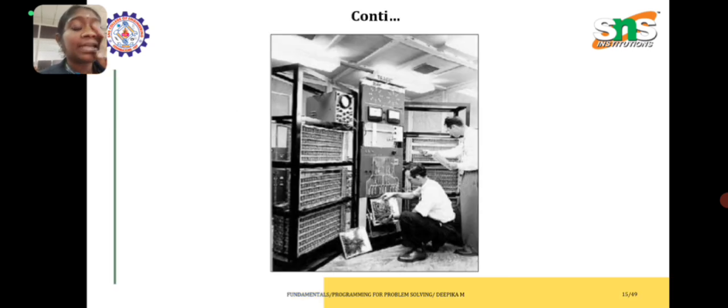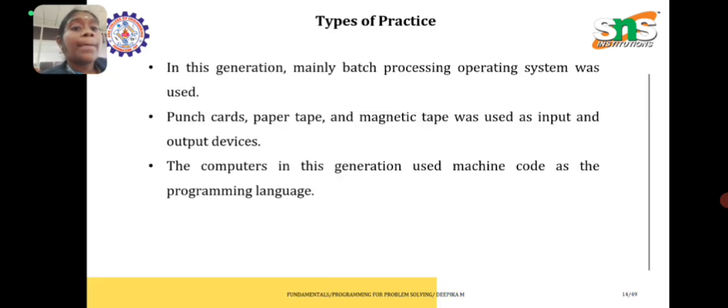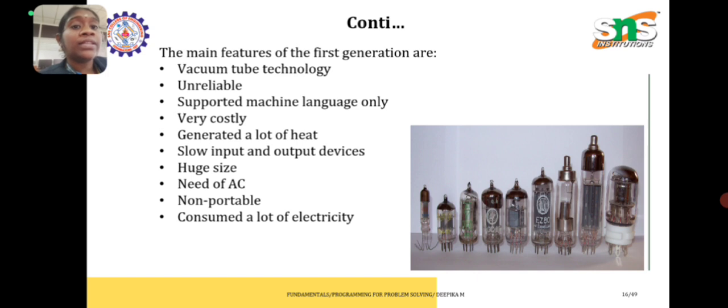These are the things that occur with punch cards. The main features of this first generation are these: vacuum tubes can take more heat, so definitely AC is needed. Without AC, these machines could not be kept in the room.